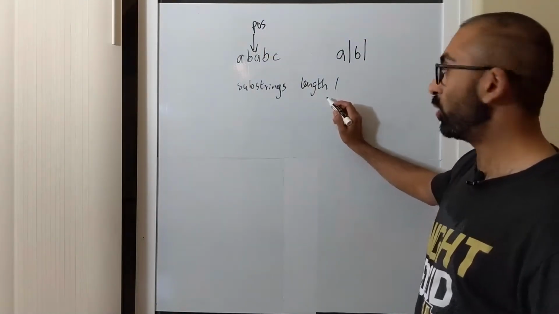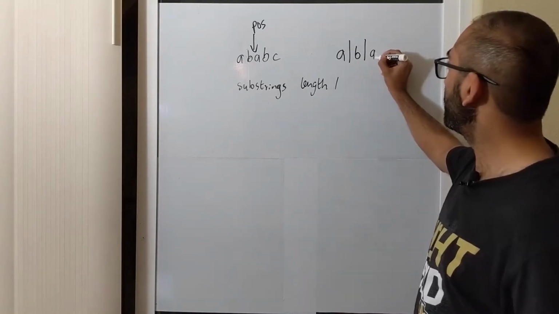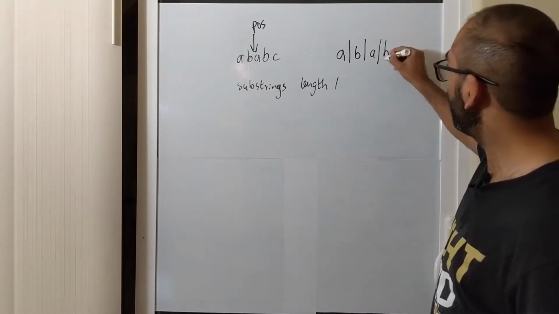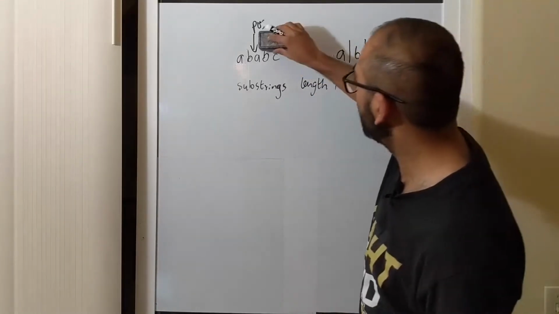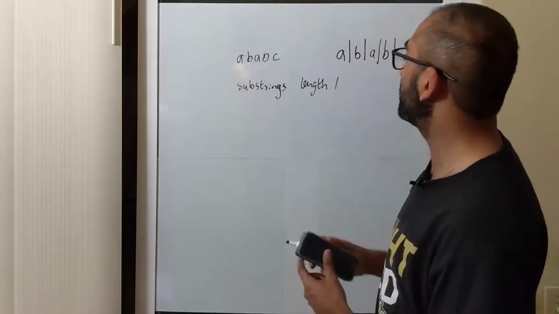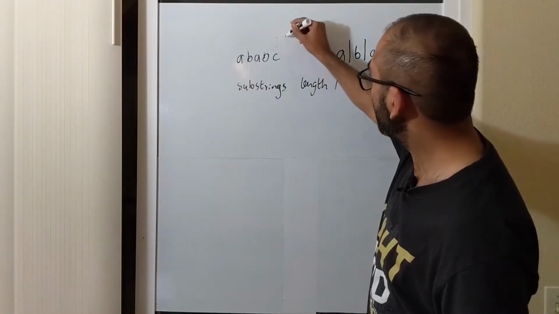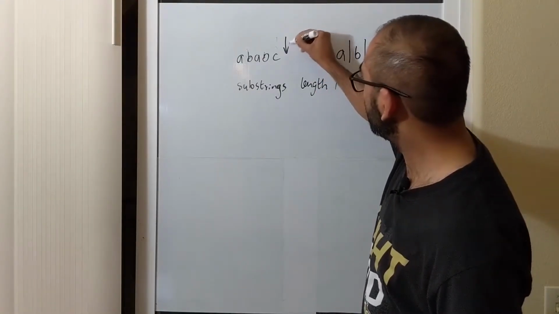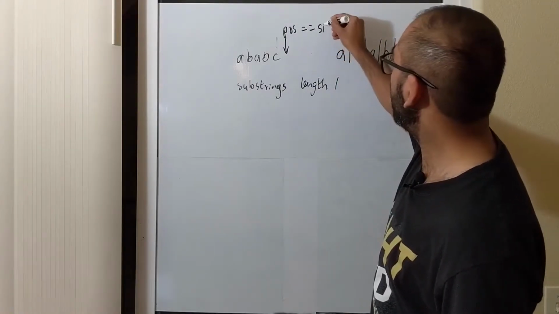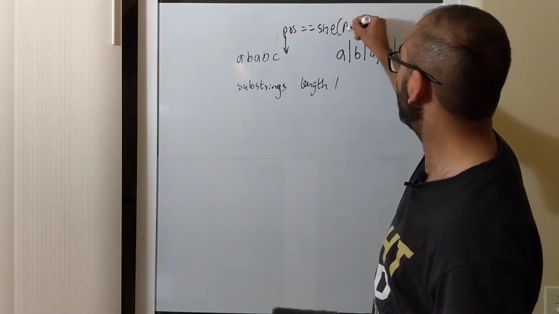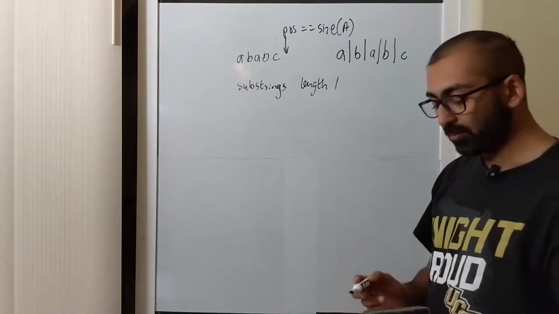Your substring length is still 1. What are you going to do? You're going to put an A there, and then a B, and then a C, and then you reach position equal to the size of your input array, okay?